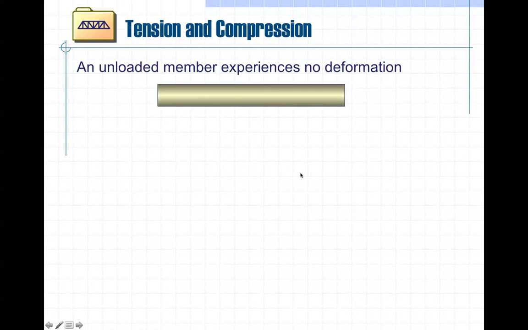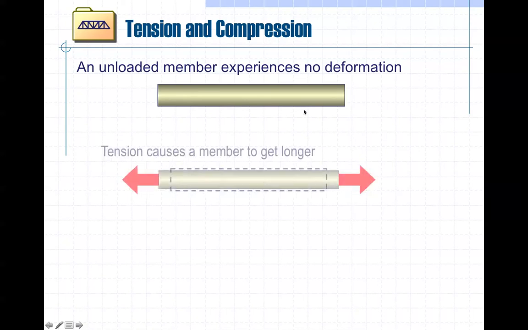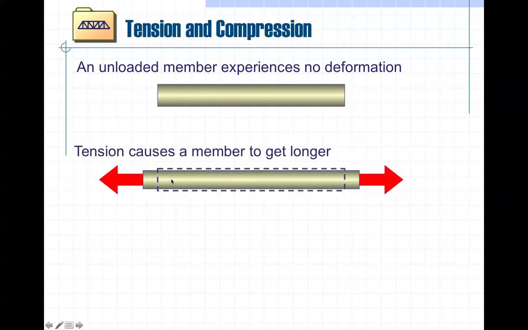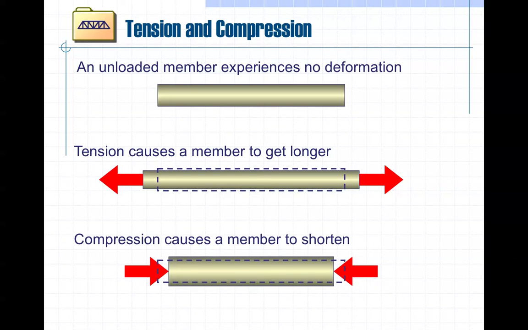Okay. Now, when I have a member, this is a member, let's say a bar. There's no deformation, but if I pull on it, it will extend, right? Certainly if it's elastic like steel, it will. But even paper will pull a little bit, right? And in compression, it shortens.